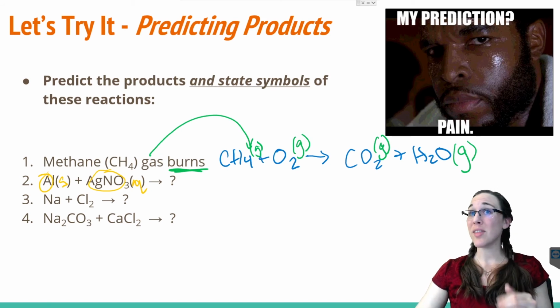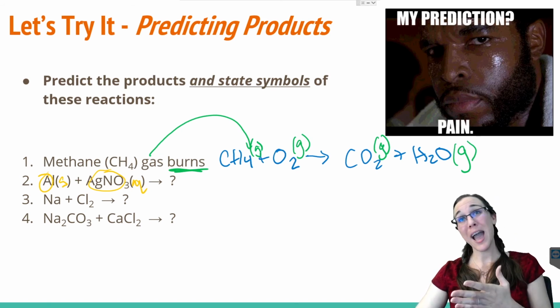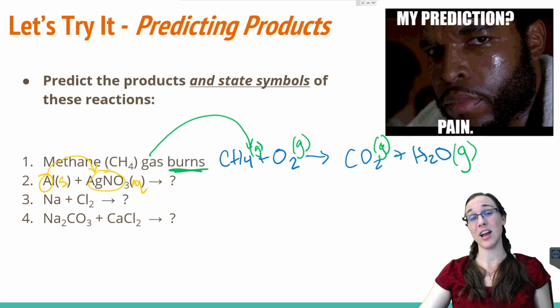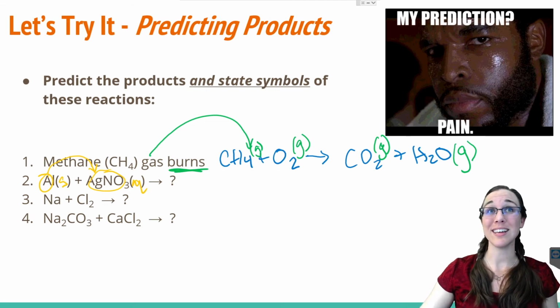And since we know that it has to be a single replacement by the pattern, we know that aluminum, which is a positively charged ion, would have to take the place of the current positively charged ion, silver. It would look something like this.